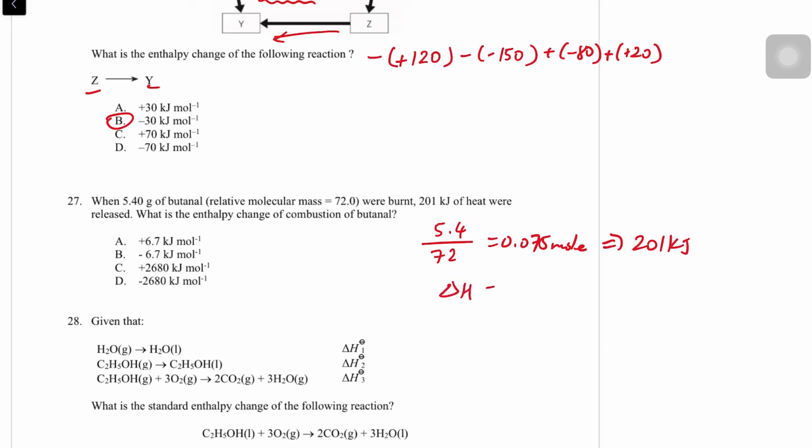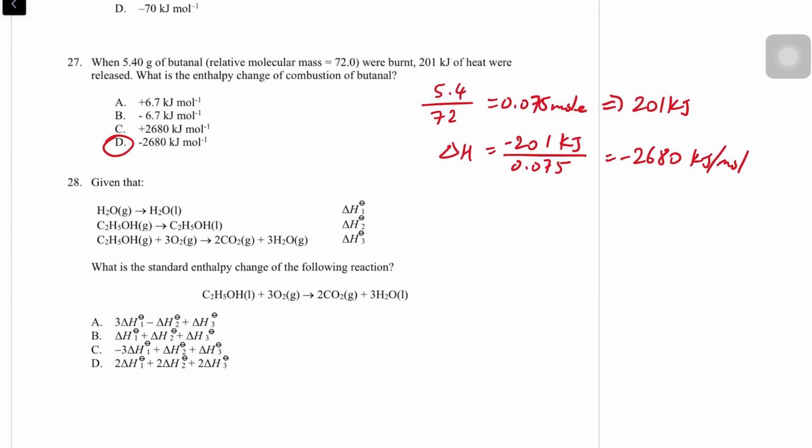So the enthalpy change should be, okay, sure, this is exothermic, so minus, right? Like this. This should be minus 2680 kilojoule per mole. Well, the answer is D. Okay.